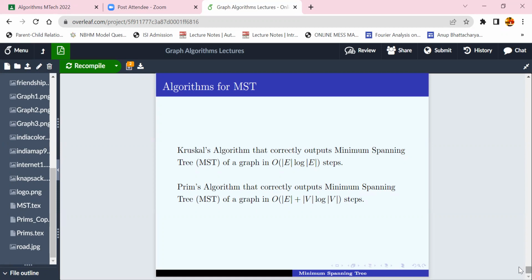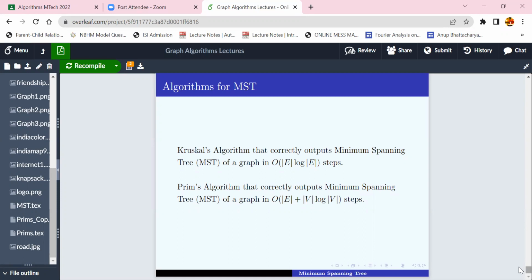Ma'am, are we using any graph traversal algorithms like BFS and DFS? Anything special in Kruskal's algorithm or Prim's algorithm? Actually, no. Have you heard of Dijkstra's algorithm for shortest path? No, ma'am.